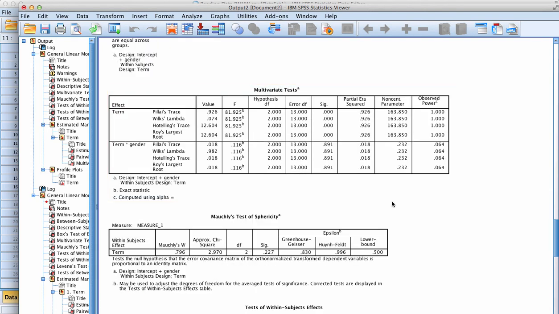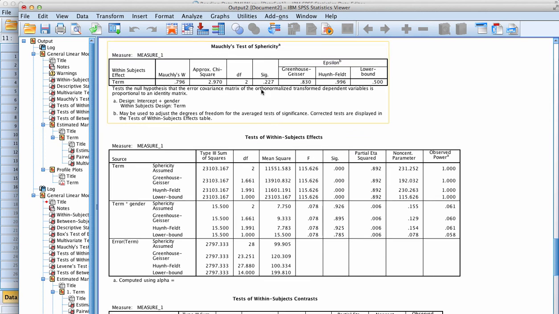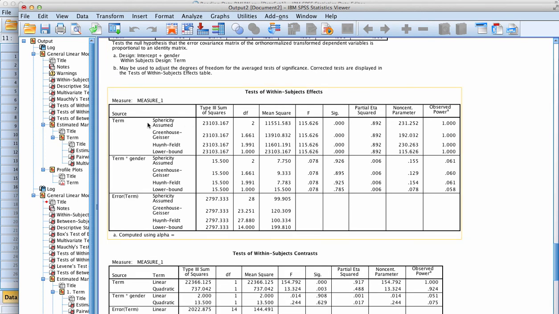And then we can see that again, the Mauchly's test is not significant, so we can look at, again, the term factor is significant, so there is a significant increase in oral reading rates from fall to winter to spring.